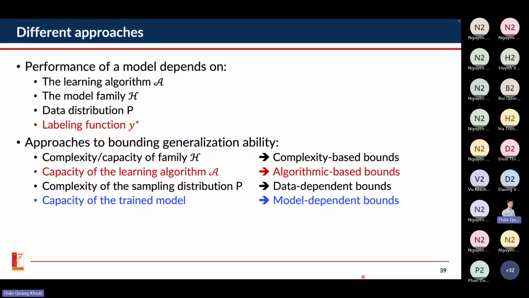It is unclear which one should be easier. Of course, one of the most classical ways is to analyze a family of models, the model family. It means that we are trying to analyze the complexity of the model we use.